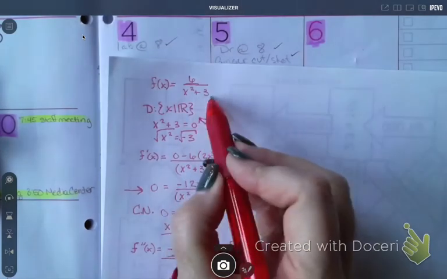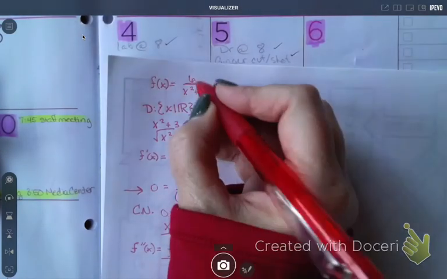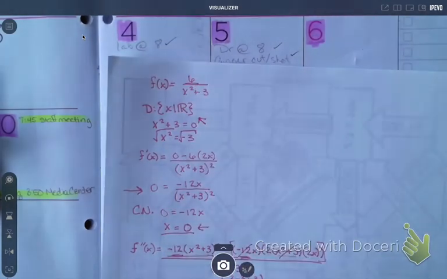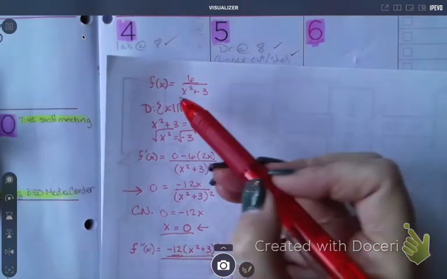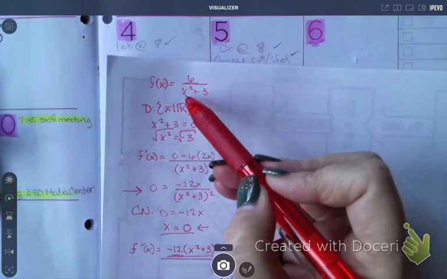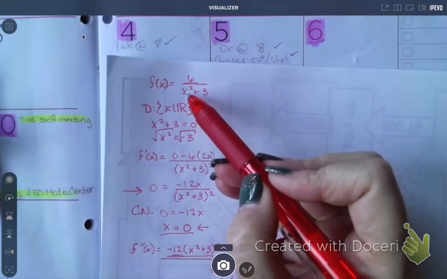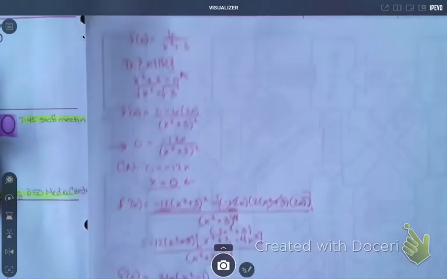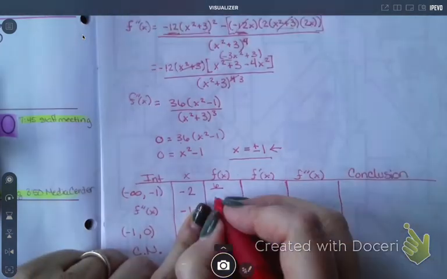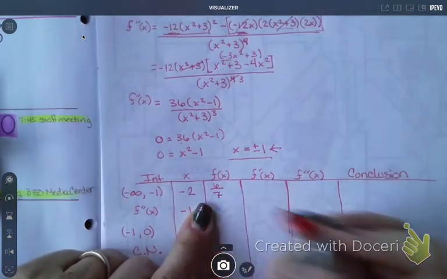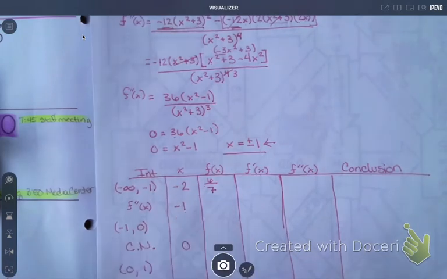So I would get 6 in the numerator. And if I plugged in negative 2 in the denominator, negative 2 squared is 4 plus 3 is 7. So that tells me the graph is positive in that interval, doesn't it?